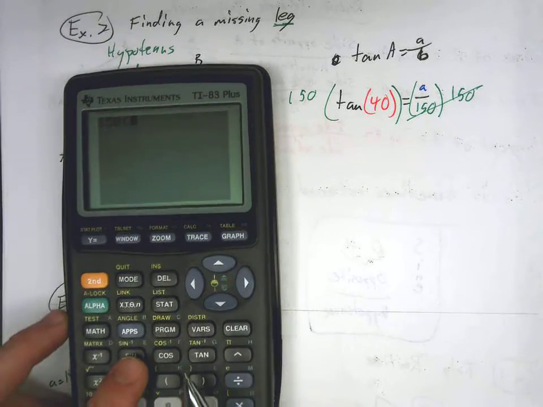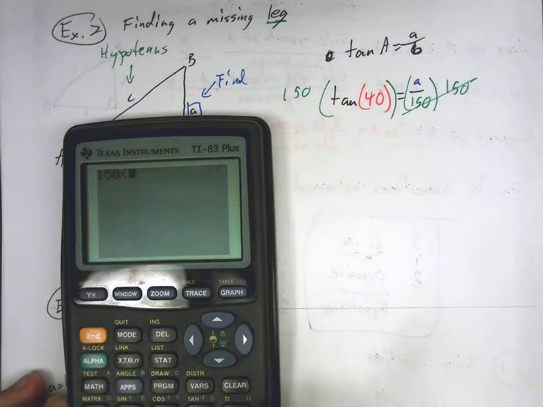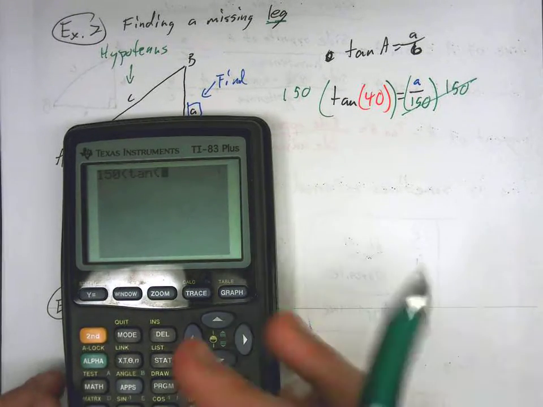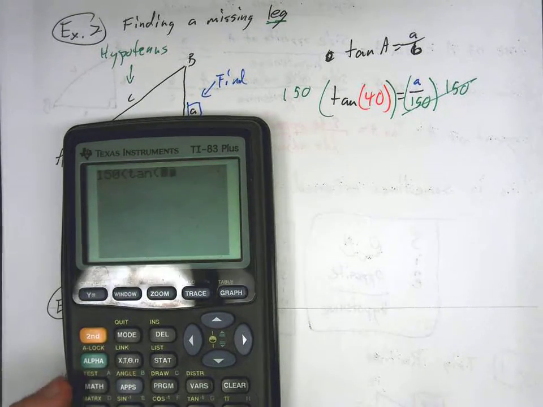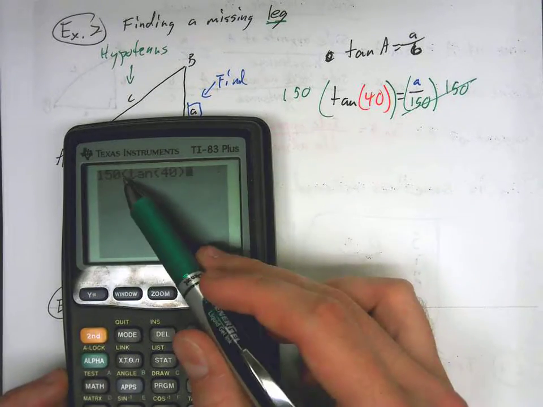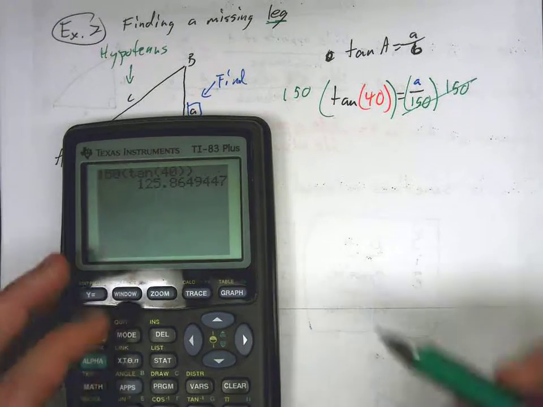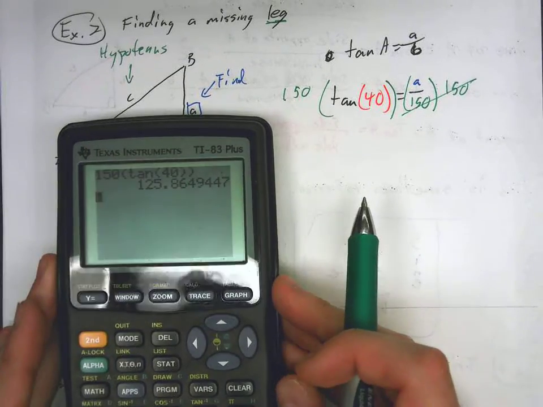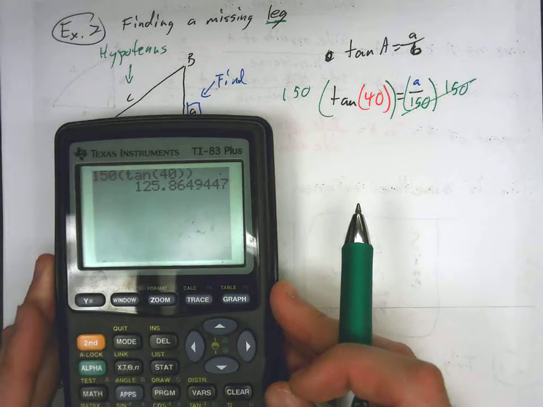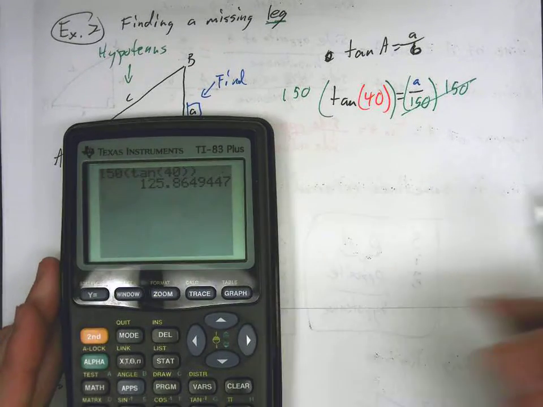Your sine, cosine, and tangent buttons are all right next to each other. I'll hit tangent. It automatically gives me a parenthesis, so I'm going to type 40 into that. I'm going to close that parenthesis, and then since it's being multiplied, I also want to close that parenthesis as well. Hit enter. It's going to give us an answer of 125.8649447.